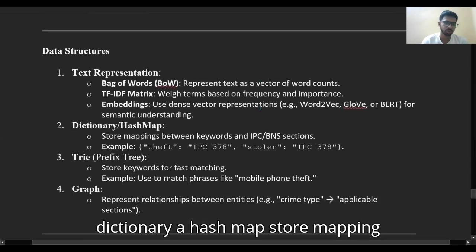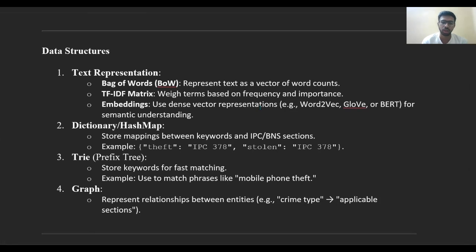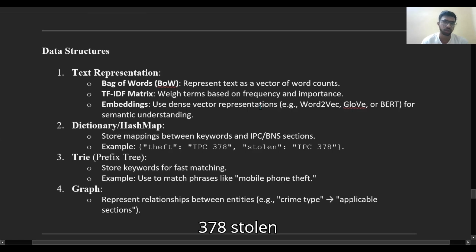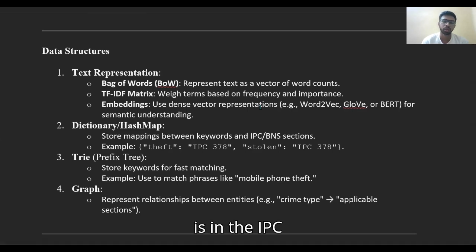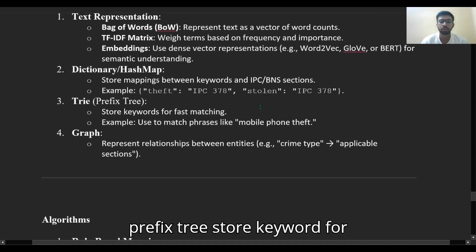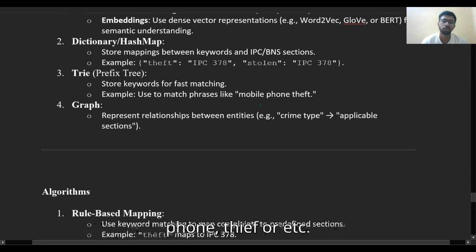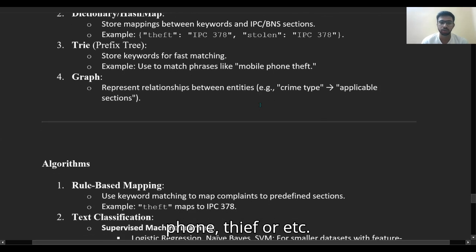Dictionary, a hash map, stores the mapping between keywords and BNS sections. Example: thief is IPC 378, stolen is IPC 378. Trie, a prefix tree, stores keywords for fast matching. Example: used to match phrases like mobile phone theft.